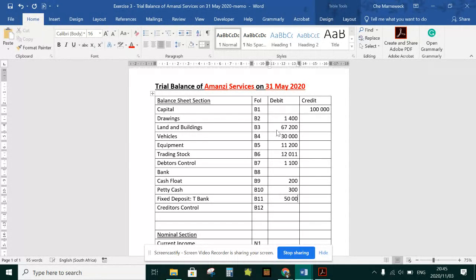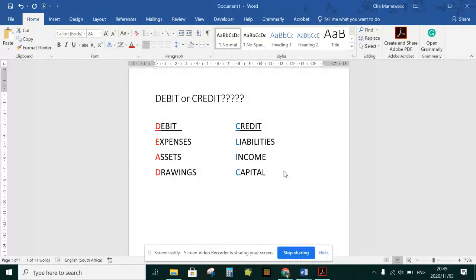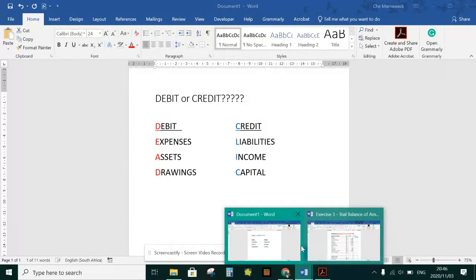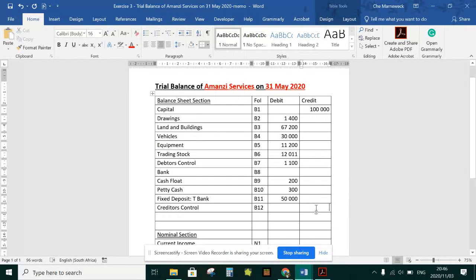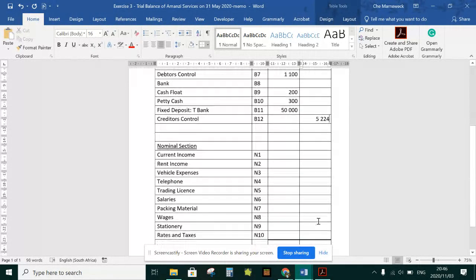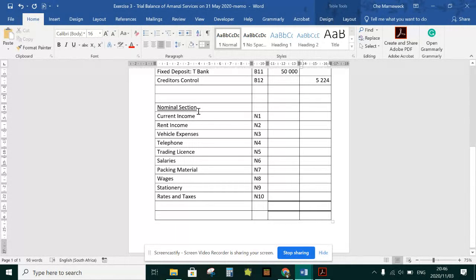Fixed deposit 50,000. Creditors control. It's got the word credit in it. So we are going to credit creditors because creditors control is a liability. So under credit, creditors control is 5,224. Then we go to the nominal section.